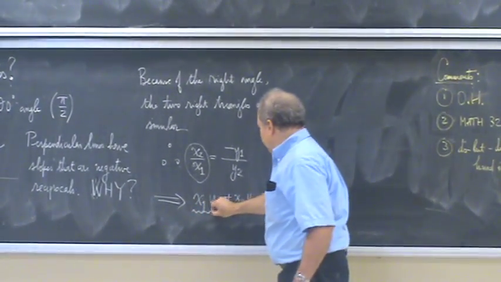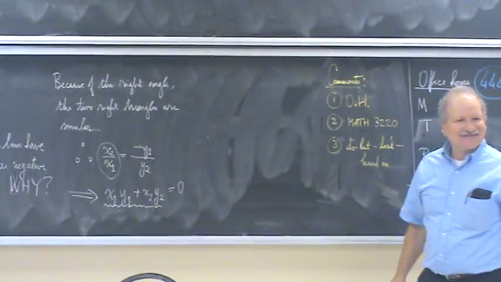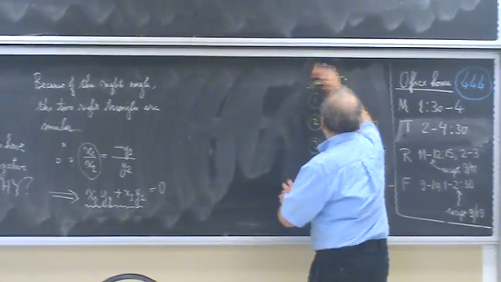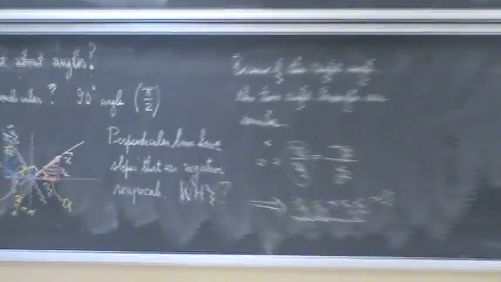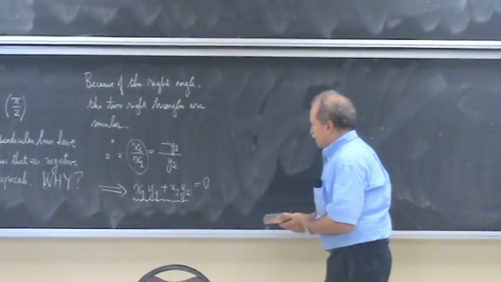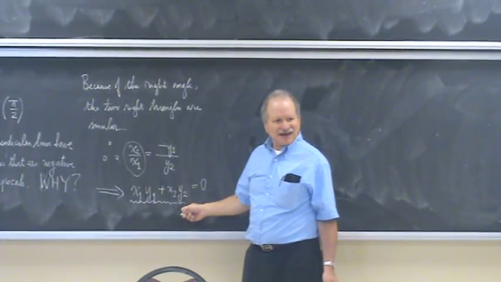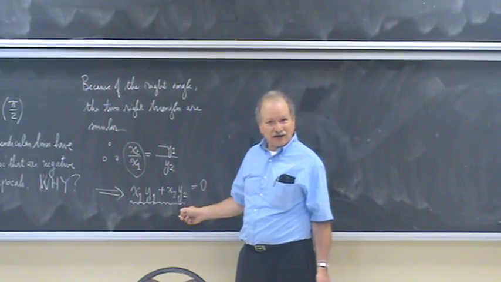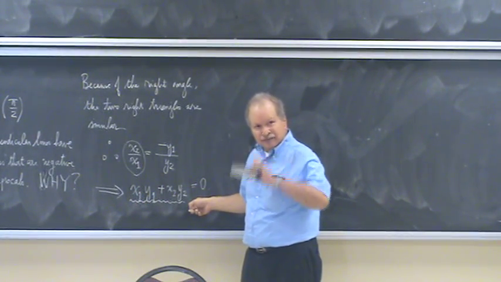And so that little bit of algebra now looks very tantalizing. So this leads me to say, let's consider some algebraic construction based on two vectors, x and y, where I can write down this combination of their coordinates.